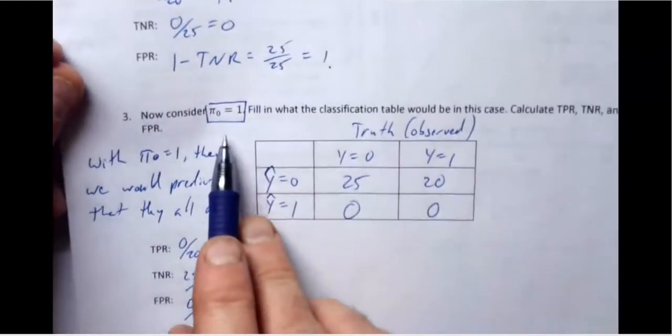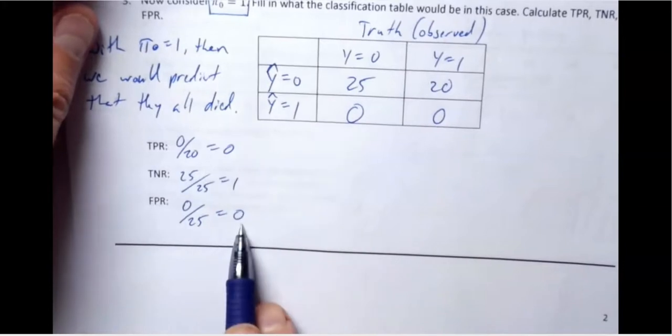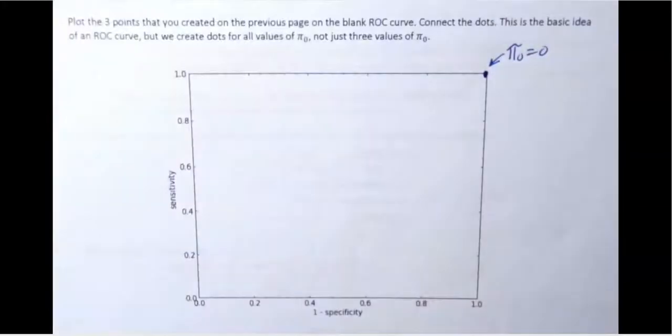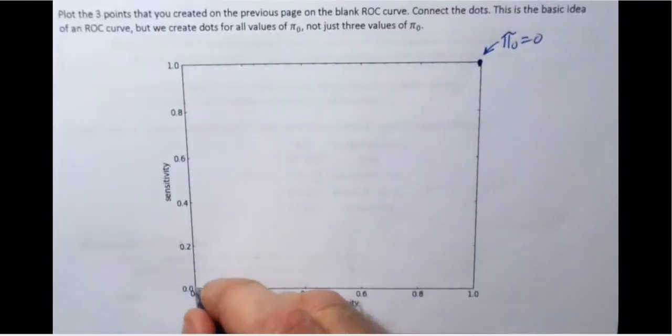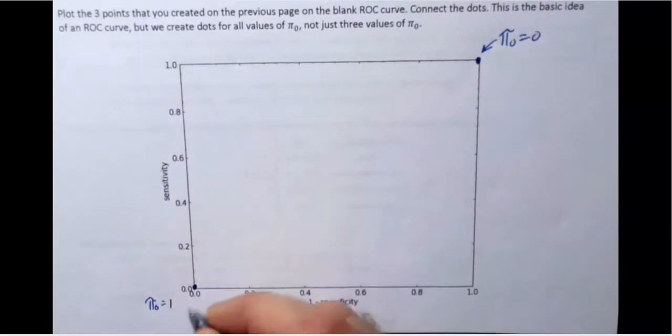Similarly, when pi 0 is equal to 1, we already know that we have a true positive rate of 0 and a false positive rate of 0. So on our graph, we can put that right down here. Right? So this is pi 0 equals 1.